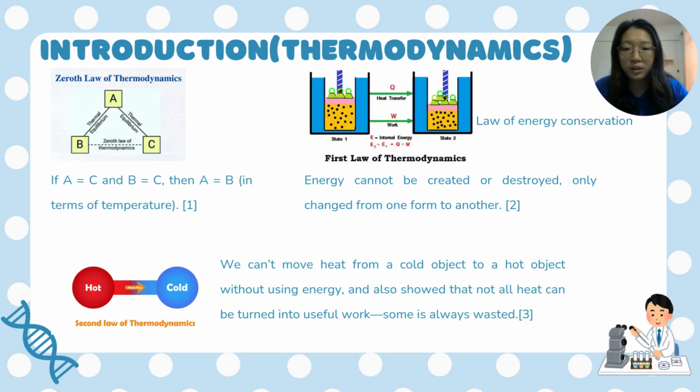And from the explanation, we can't move heat from a cold object to a hot object without using energy, and also not all the heat can be turned into useful work. This is because some of the work will be wasted. So if you want to move heat from a cold object to a hot object, we must use energy or work.